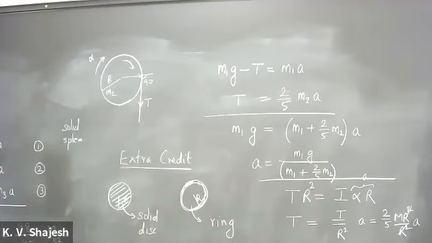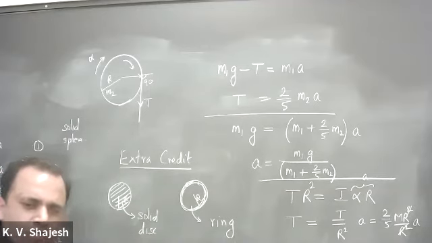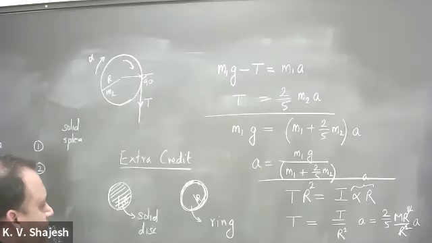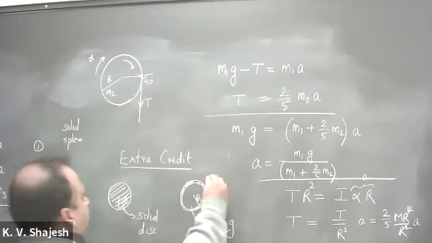Sometimes you keep the torque fixed, but that need not always be the point you're interested in. So the extra credit problem is: if everything else is fixed, which of these wheels for a bicycle helps you with the angular acceleration? So alpha, which gives higher alpha?